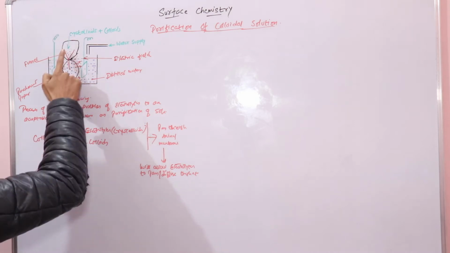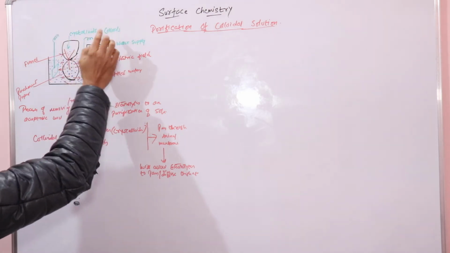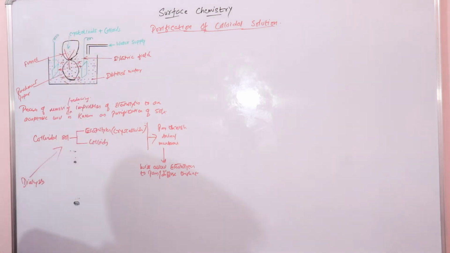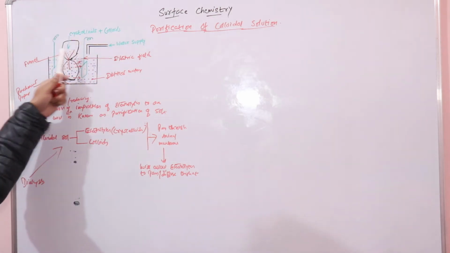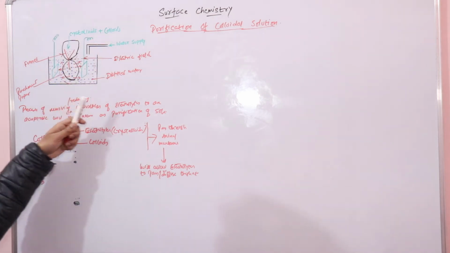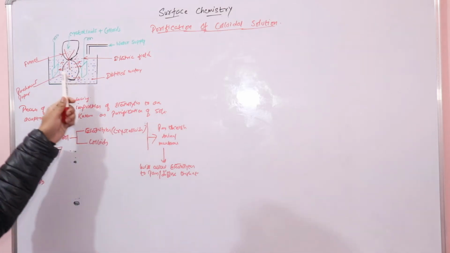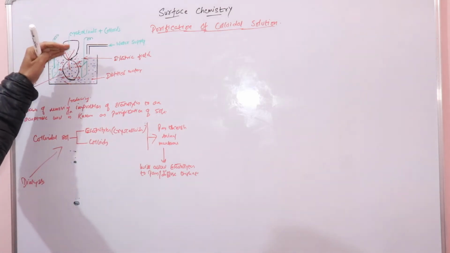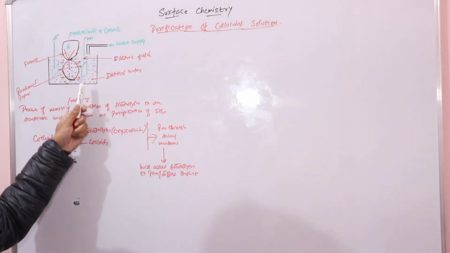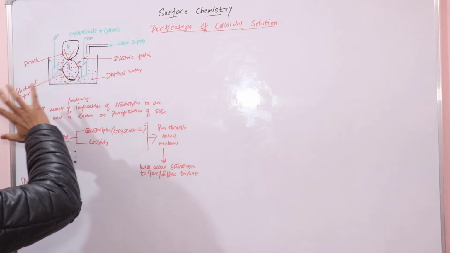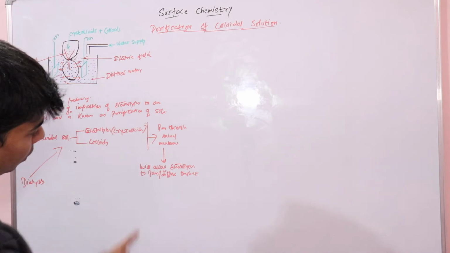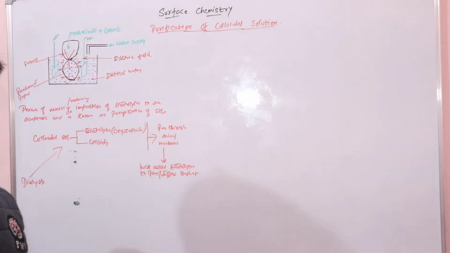Now in this bag we will pour the impure colloidal solution through this funnel. And when this impure colloidal solution enters this parchment paper, then diffusion takes place. The impure solution is allowed to diffuse through this animal membrane, which will allow only electrolytes to pass through it.